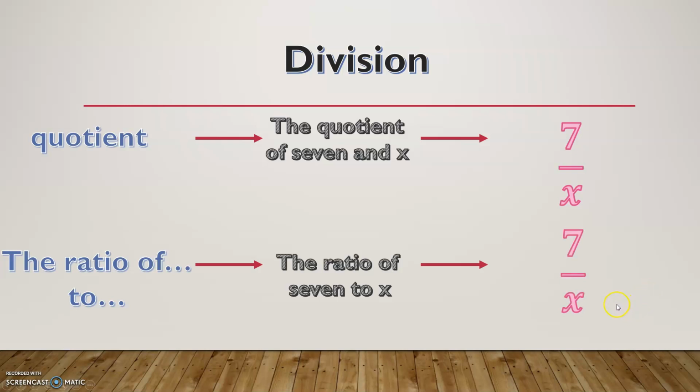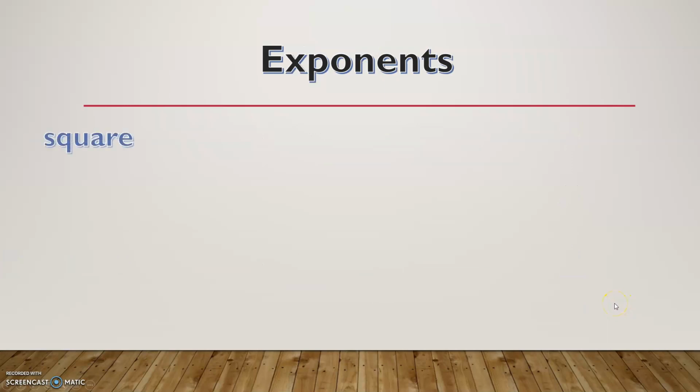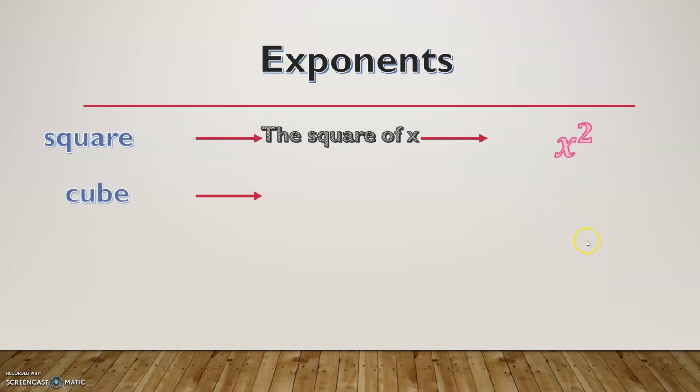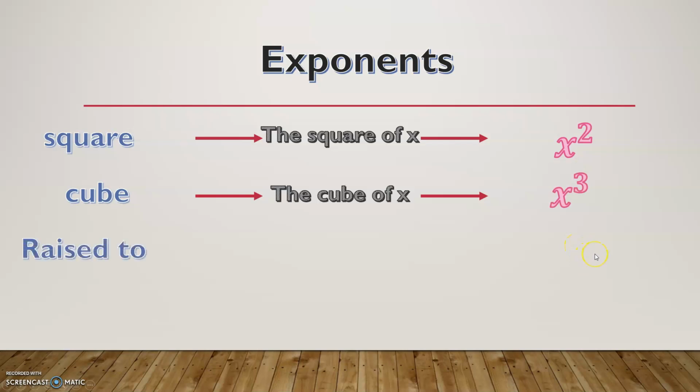And how about if we have exponents? Square. The square of x is x squared, written like that. And how about the cube? The cube of x will be x raised to 3. Raised to 4 means x raised to 4, written like this. Okay, do you have any questions regarding this?